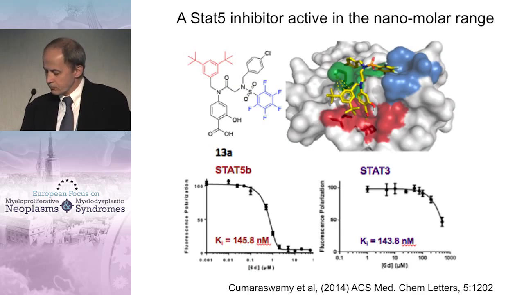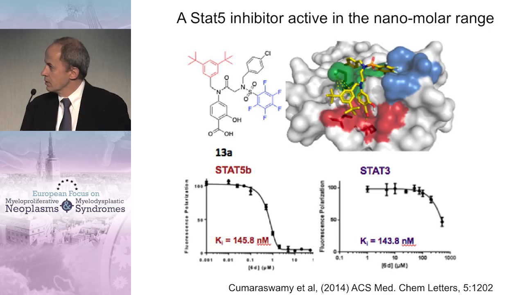This dimerization is dependent on these SH2 domains, which are again dependent on the phosphorylation of tyrosines that are mediated by JAK2. So the idea is to block this dimerization by preventing this interaction, and the development of STAT inhibitors was obviously slower than the one on the JAK kinases, but there are some promising new compounds that bind into this SH2 domain pocket and tend to prevent this dimerization and thereby the DNA binding.